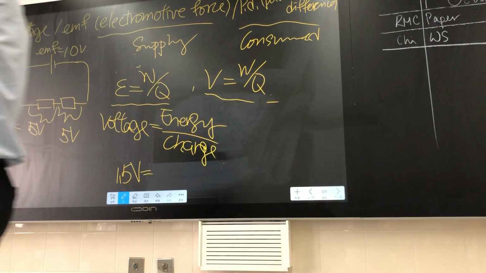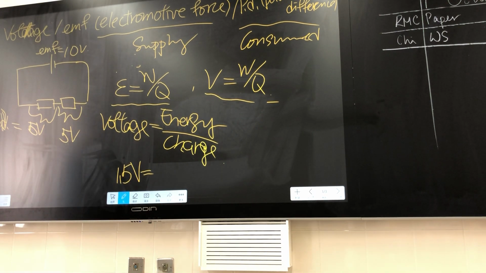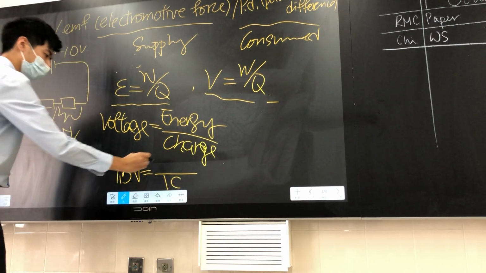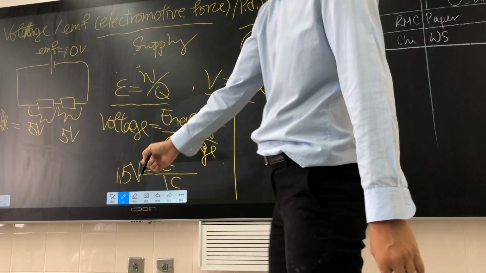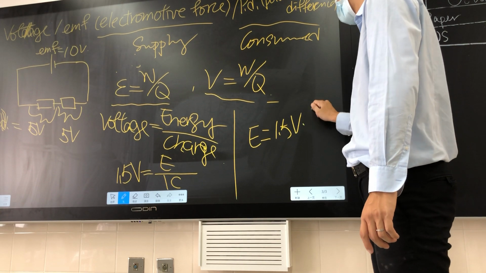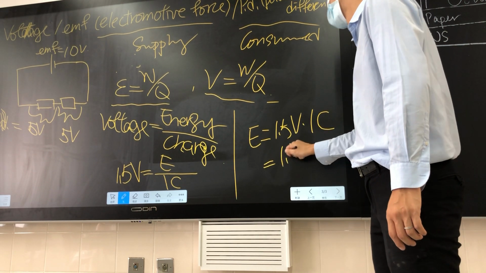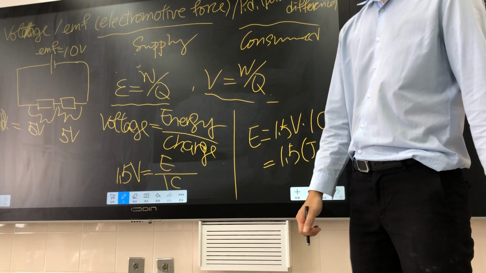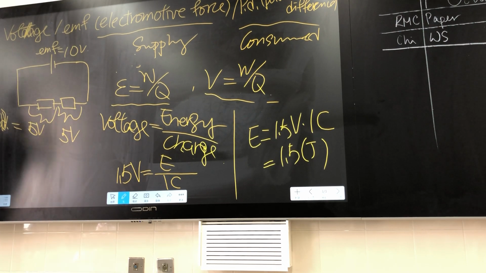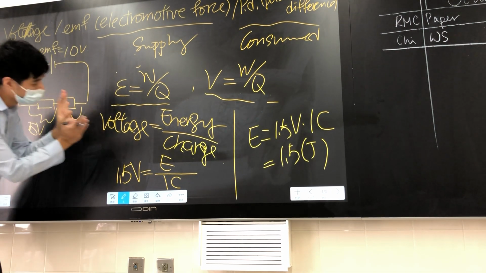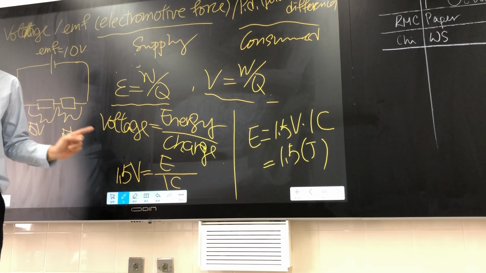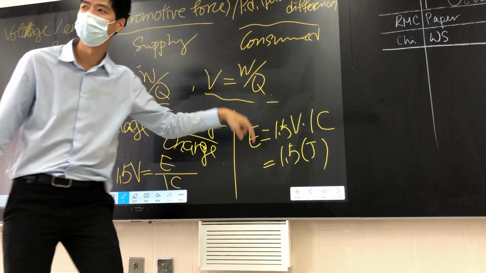So if there is 1 coulomb of charge passed through this battery, then the battery will provide 1.5V times 1C equals to 1.5 joules. Okay, so again, 個 calculation 好低 V 啦，你要諗一諗個 concept，即係咩意思咧？你買一粒 1.5V 嘅電芯，if there is 1 coulomb of charge passed through this battery, then the battery provides 1.5 joules.